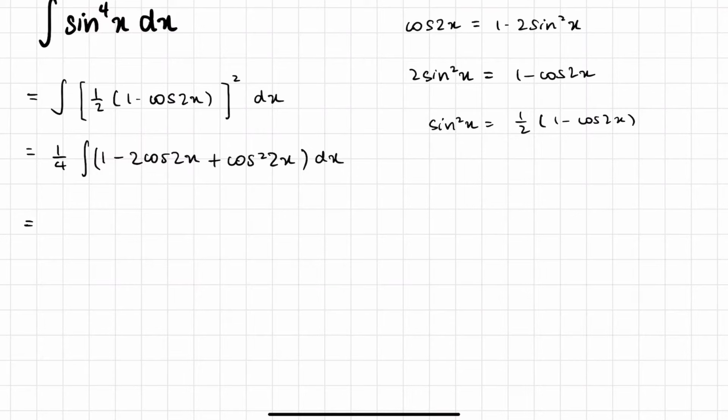Okay, let's integrate what we can. So quarter. This is integral of 1 is just x minus the integral of negative 2 cos 2x. Okay, so this should be sine 2x over 2.